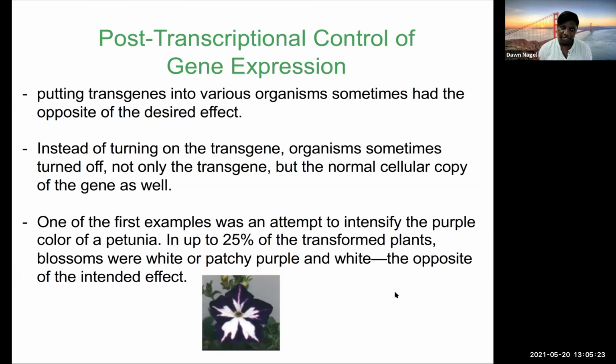So they knew the gene that was responsible for this flower color. So what they did is they isolated the RNA from this gene, they isolate the RNA, clone the gene, and try to put it back into the plant to see if they increase the expression.